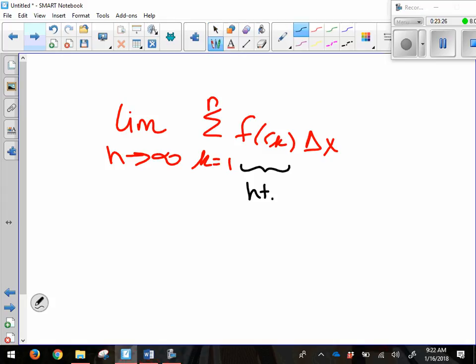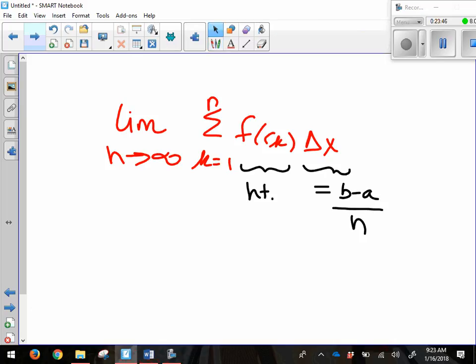But to make my life a little easier, I'm going to make all my intervals have the same width. So I'm going to let delta x be b minus a, which is the length of my whole interval, divided by the number of subintervals. So there's no longer a little k down here because all of my subintervals are going to have the same width.